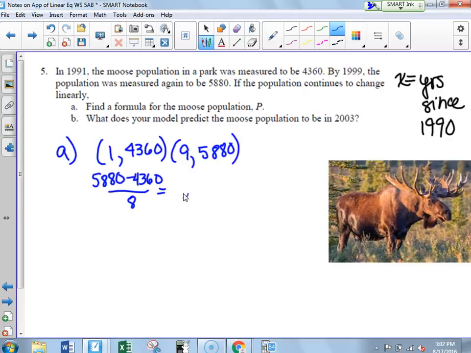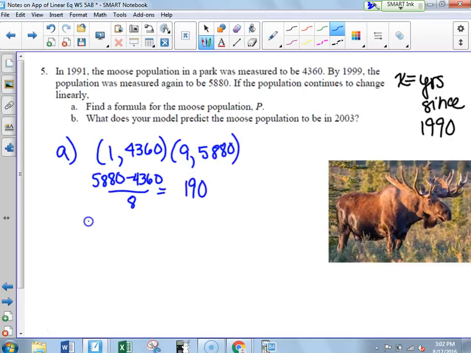Calculator works better when you turn it on. Anybody get a slope? What would that represent? Yep, 190 baby moose every year.